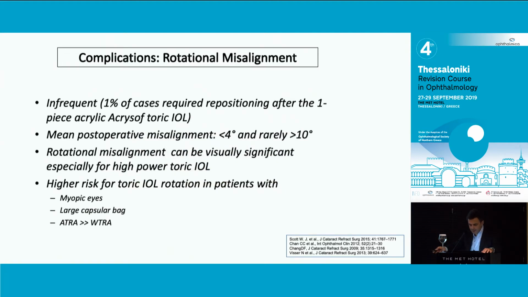One issue with toric lenses is rotational misalignment. Number one, if you mark your patient properly with a markerless system or at the slit lamp, it is very, very rare. The higher risk is especially for highly myopic eyes because of the large capsular bag, but also I'm finding this more and more.